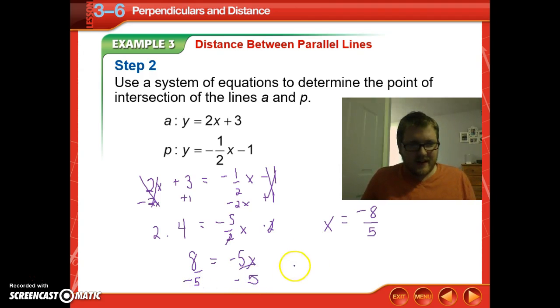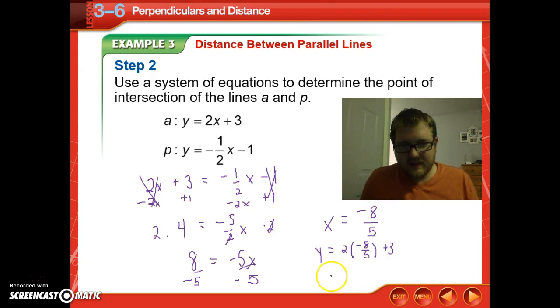So that's our x value. Our y value is going to be y equals 2 times that x plus 3. So when we plug that in, y equals negative 16/5 plus what's essentially 15/5, and that's going to simplify to negative 1/5.